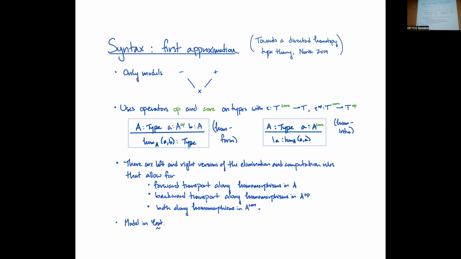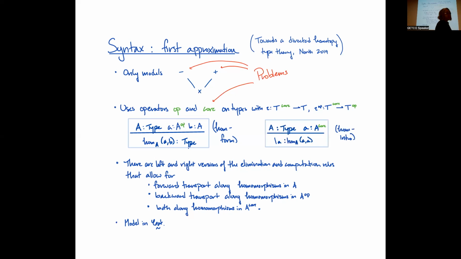This is the right one, this is the left one, and both of them collapse, if you plug in something from A core, to be able to go in any direction along homomorphisms in A core. Okay, and there's a model in the category of categories that captures exactly what is suggested by the notation.